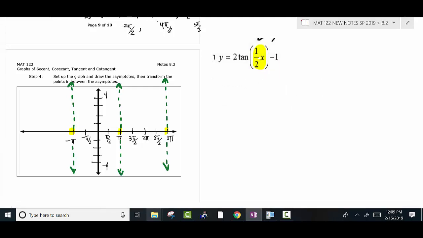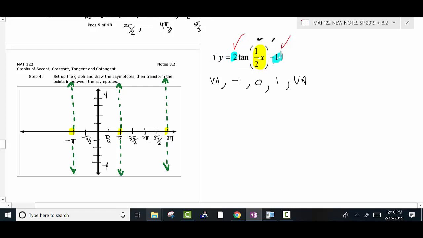Okay, so here's what you want to remember. On a tangent, just remember it goes like this. And I'm talking about y values. You have a vertical asymptote, y value of -1, y value of 0, y value of 1, vertical asymptote. We already know where the vertical asymptotes are. So this is what you're going to do. You're going to start with -1 and you're going to figure in these other two numbers.